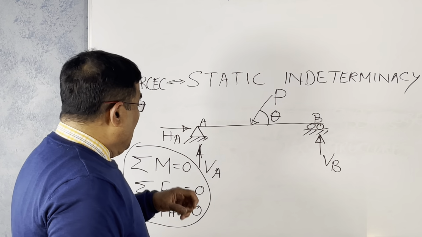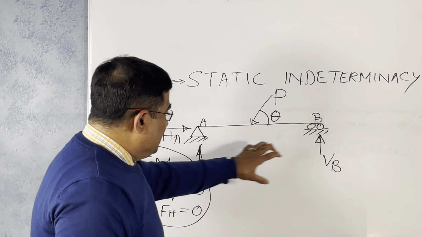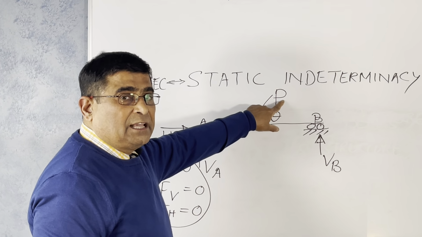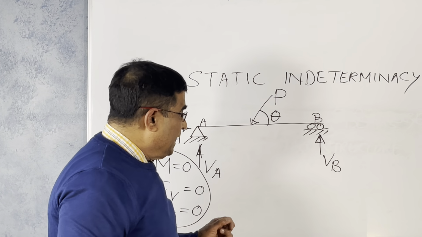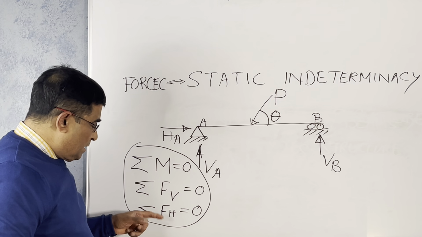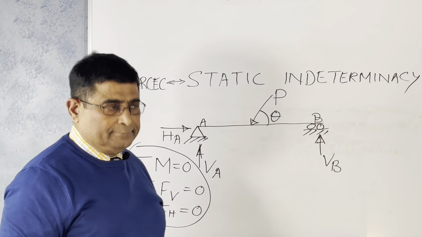We have three equations and three unknowns. The P is known, is given. But these reactions you have to find out, and that too very easily. There are three equations of static equilibrium. Okay?